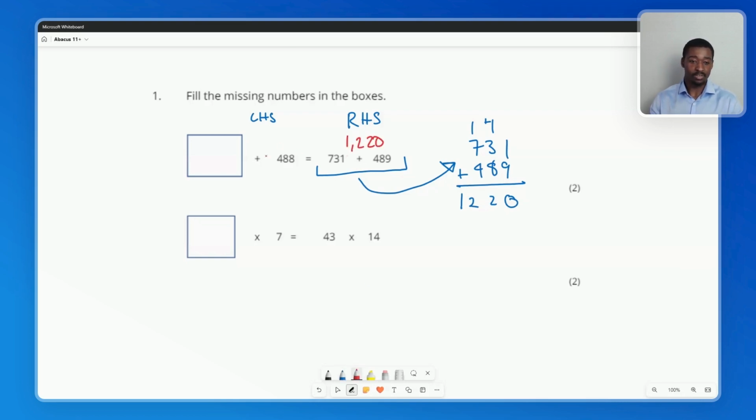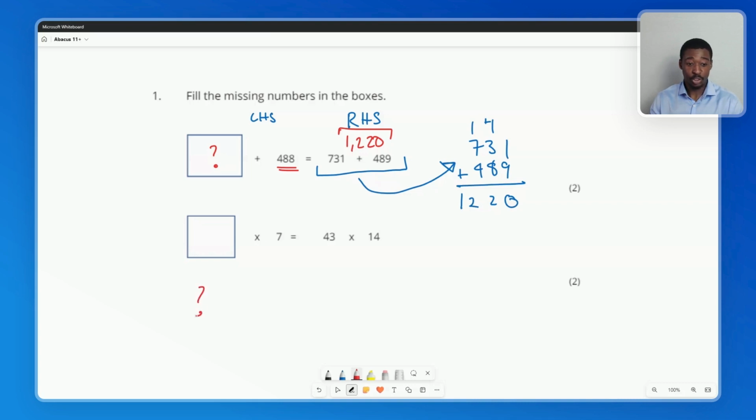And that means that the left-hand side must also equate to 1,220. But this time it's something plus 488. So all we do to work out this question mark figure is we take this 1220 and we subtract 488.